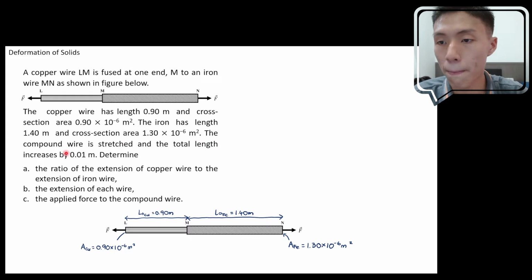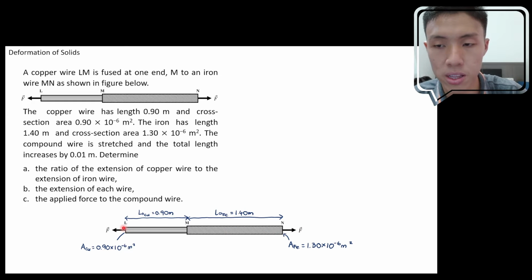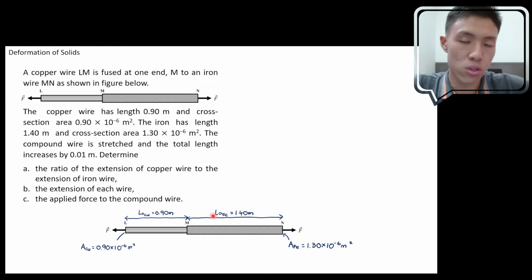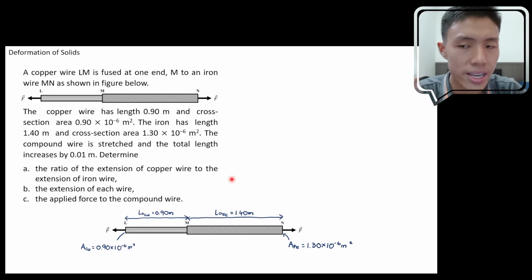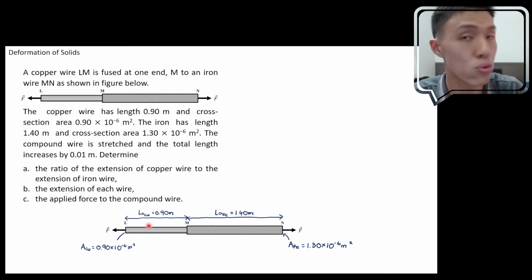The compound wire is stretched and the total length increases by 0.01 meter. So you are going to apply a force on both ends of this compound wire. You are going to stretch it with equal forces experienced by LM and also MN because they are stretched by the same force. The total length increases by 0.01 meter, which means there is some portion of extension that happens to LM, you don't know how much.